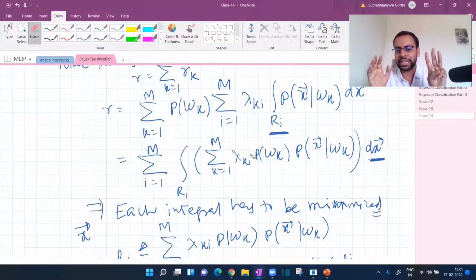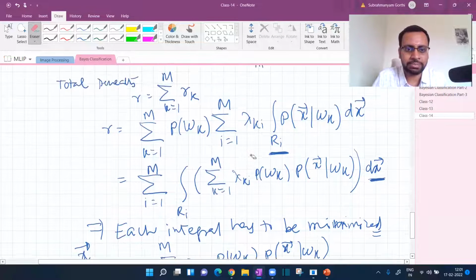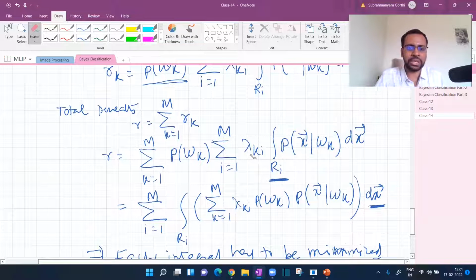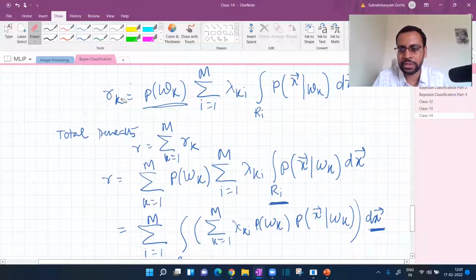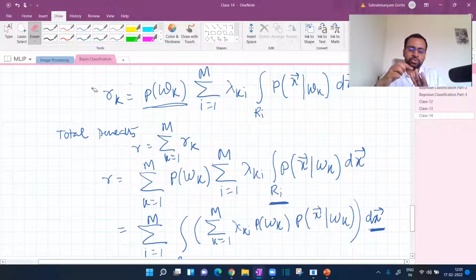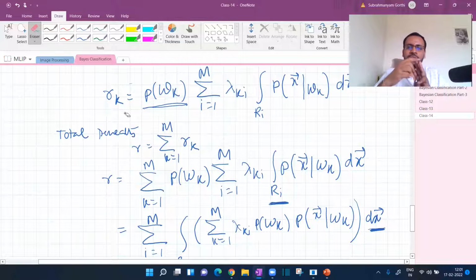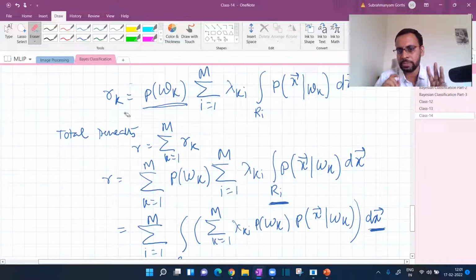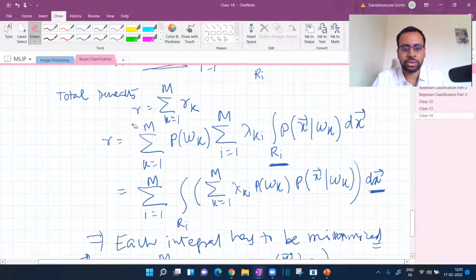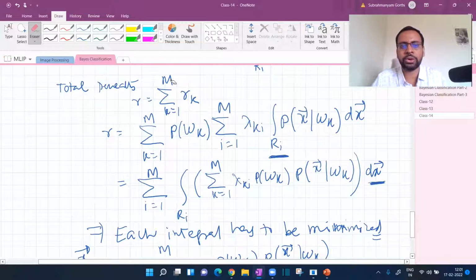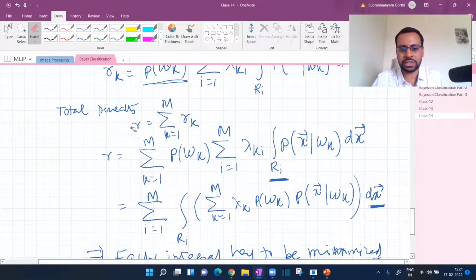These are all the terms I have written. So for example, 1 to 2, 1 to 3 are there in R1, and then 2 to 1, 2 to 3 are there in R2, 3 to 1, 3 to 2 are there in R3. I need to sum up everything now. That's why I have here k equal to 1 to m Rk, and that has given me this equation. Is that clear so far?